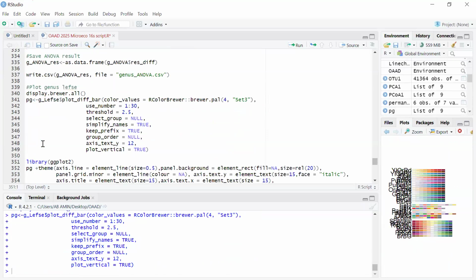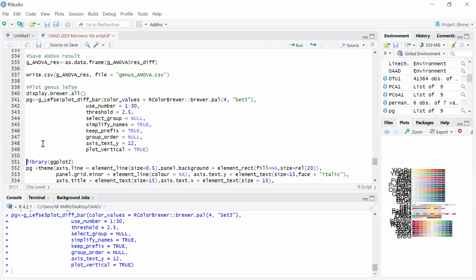You mean you can use ANOVA for the abundance also? You can use ANOVA just like you use in any analysis to see the differences. But for the LEfSe plot, you use your LEfSe calculation, LDA, and Kruskal-Wallis test.